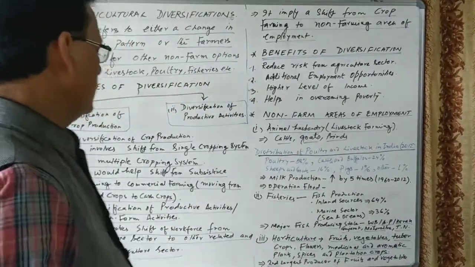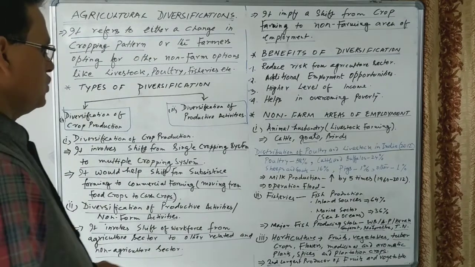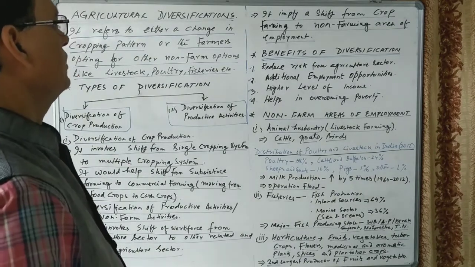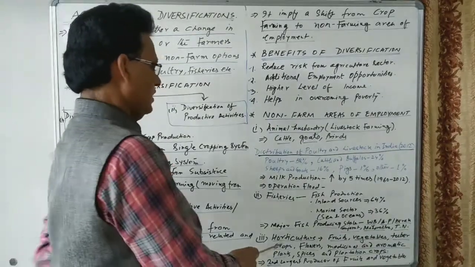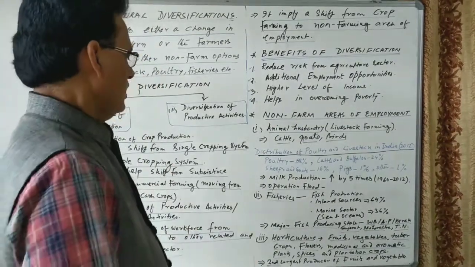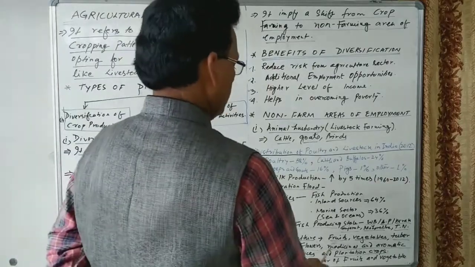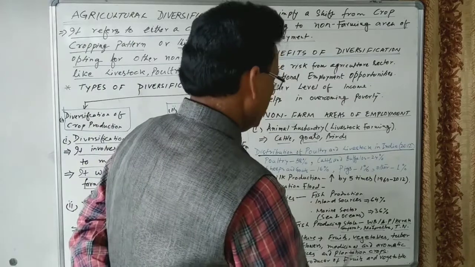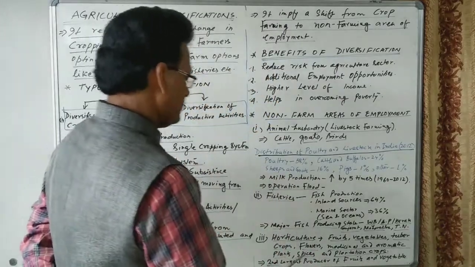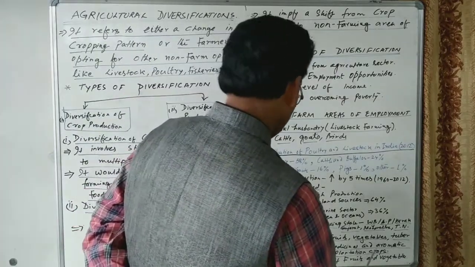So let us see the next one. The third non-farm area of employment in our country is horticulture. Horticulture consists of production of fruits, vegetables, tuber crops, flowers, medicinal and aromatic plants, spices, and plantation crops.